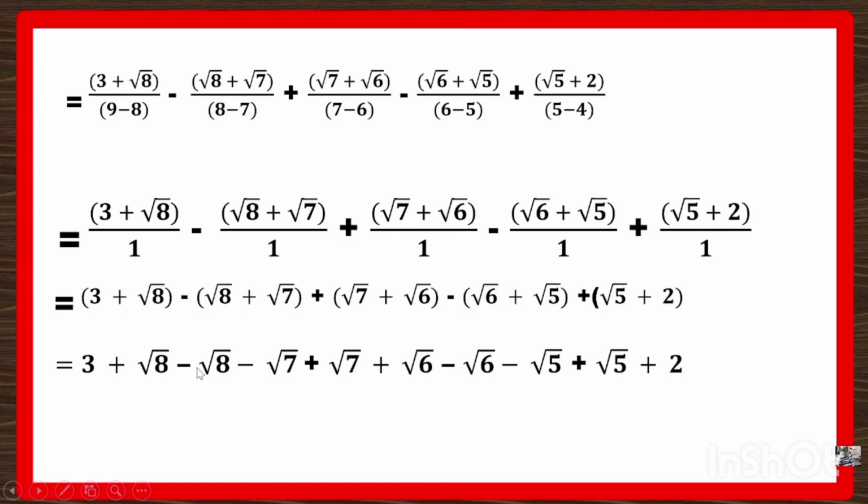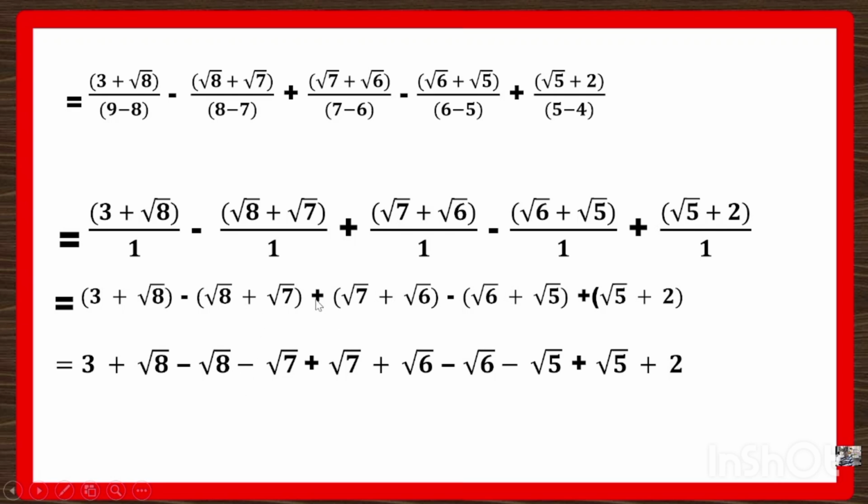After removal of the bracket, if there is a minus sign before the bracket, all the terms inside the bracket will change their sign. Very important point. But if there is a plus sign, the sign will remain the same. So plus root 8 will be minus root 8, plus root 7 will be minus root 7. Here the plus sign has been changed to minus sign. Very important point. Note down.